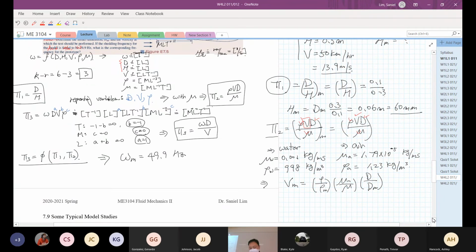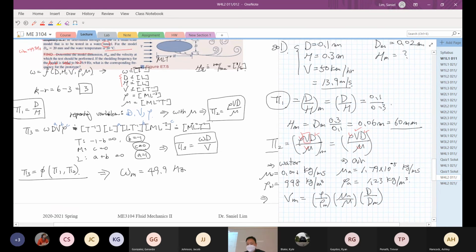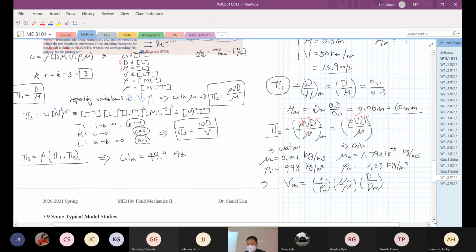Okay, so when you scale down the prototype into the model, with geometric scaling, it's about 1/5, so the scaling is about 5.